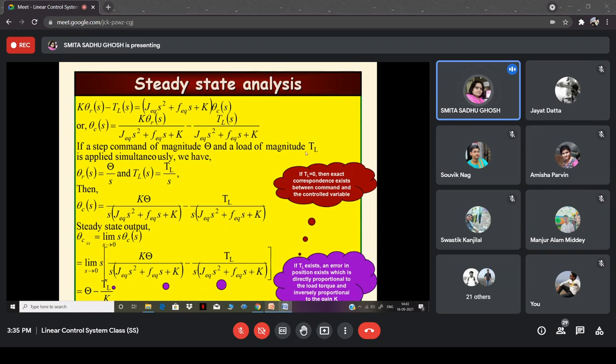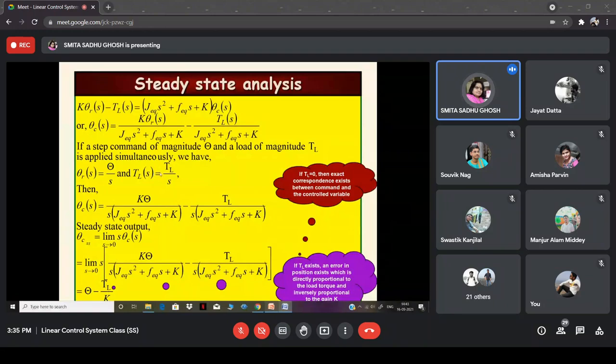So here specifying that T_L(s) is a step having an amplitude of T_L, we have T_L(s) equal to capital T suffix capital L by s. Here you note again that the italics has not been used for the magnitude. Of course, it would have been better if I could have used a different notation, but unfortunately that is not done. Anyway, you can understand.